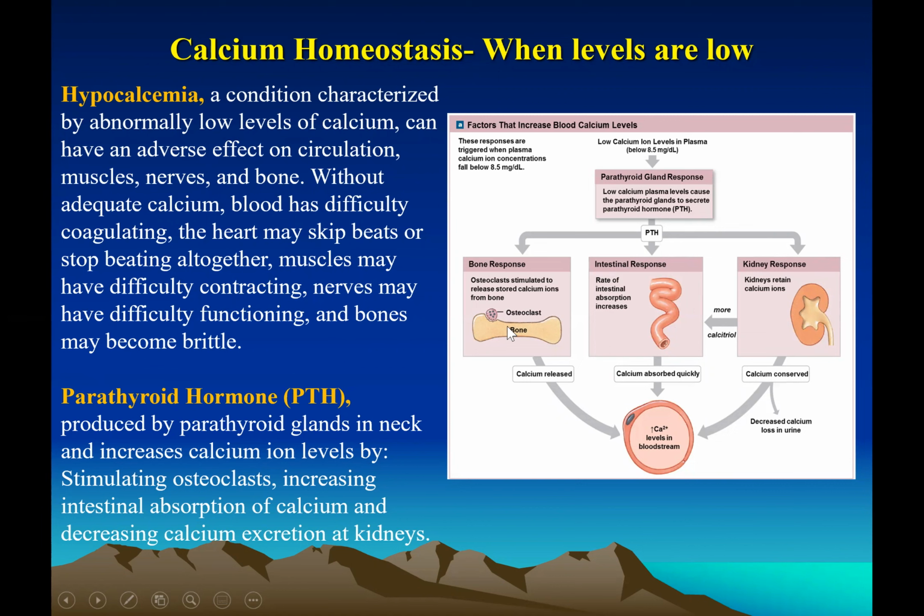It will work on the osteoclasts, because osteoclasts can make enzymes and acids to actually dissolve the bone and release the calcium. So the calcium can be released that way. More calcium is absorbed. Calcium is conserved in the kidneys. Thereby, the calcium level is restored in the blood. So the hormone that plays a role in increasing calcium levels is parathyroid hormone.